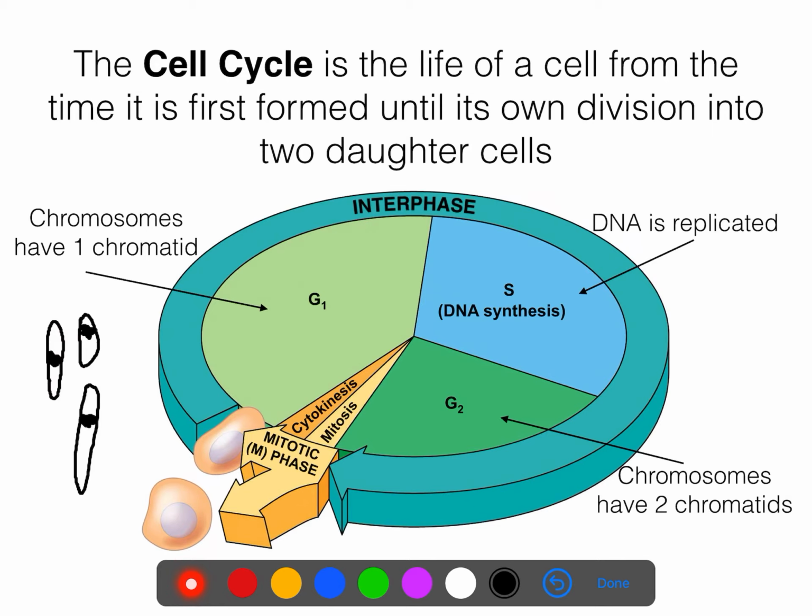After S phase, the DNA is doubled, but each copy remains bound to the original at the centromere.